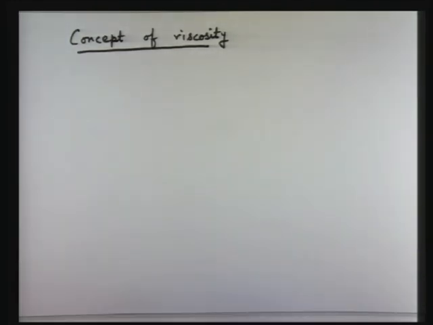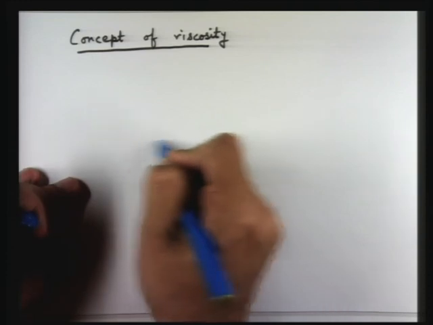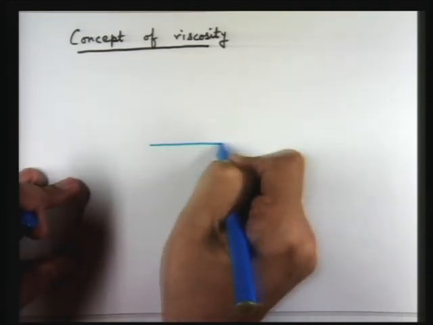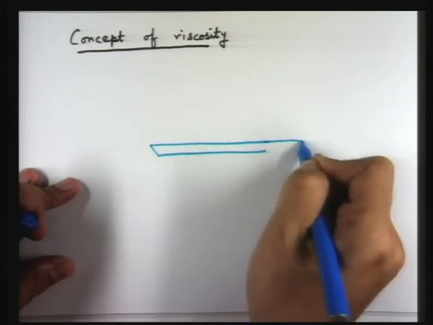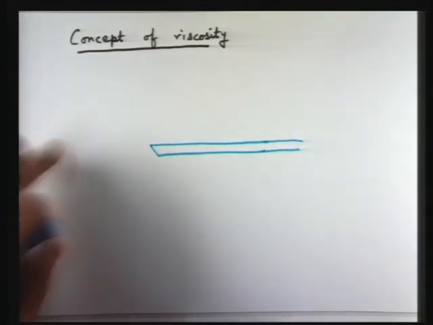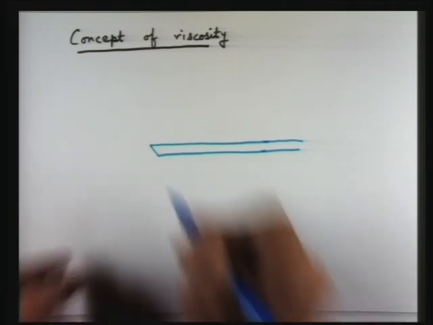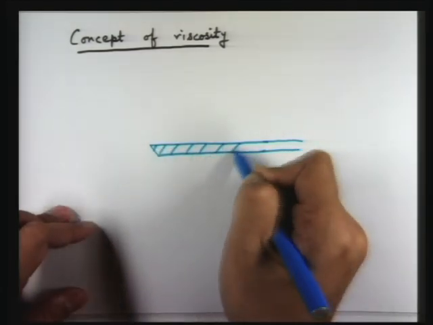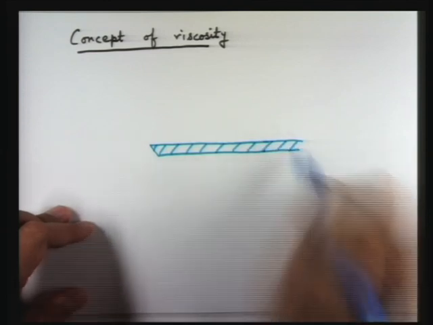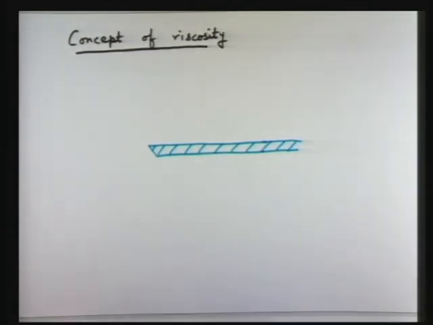Let us say that there is a solid boundary which is a flat plate. So this is the leading edge of the plate. Classically, this is how we draw or represent a flat plate like this.